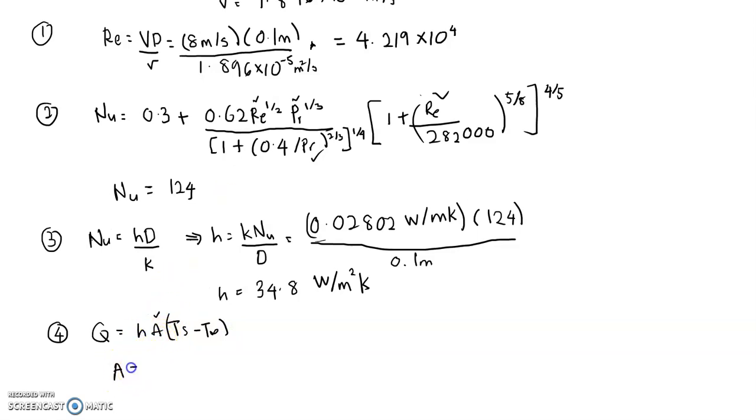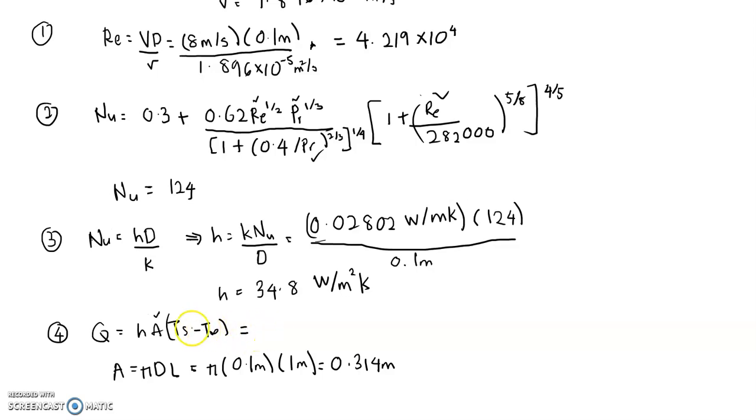A equals pi D L, because here it is mentioned per unit length, so L is 1 meter: pi times 0.1 meter times 1 meter. So your area is 0.314 meter squared.